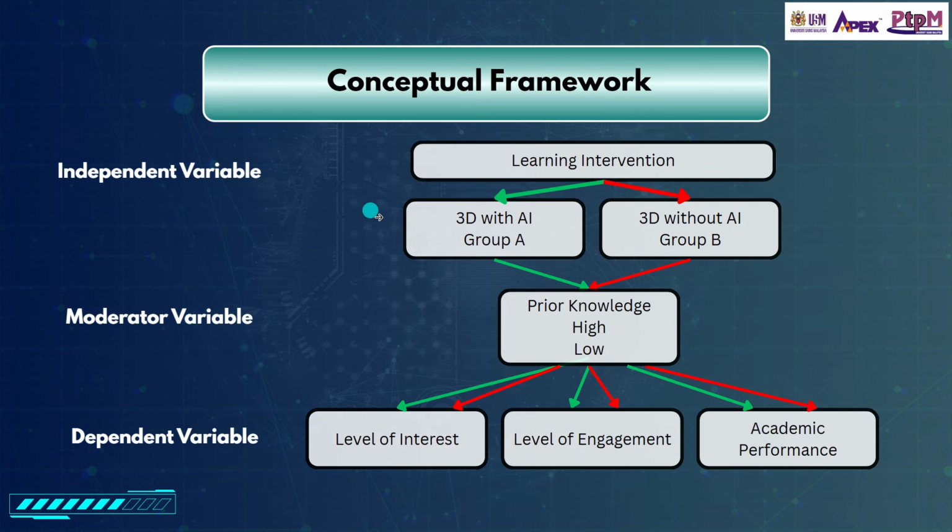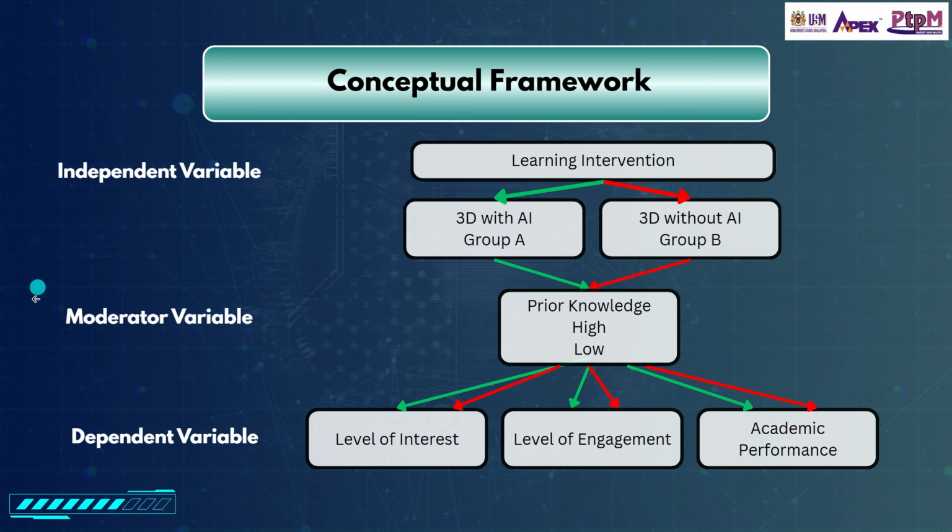However, the moderator variable in certain cases of study can act as the second independent variable. This is mentioned by Laerd Statistics 2025 and Creswell 2018, where in certain cases the moderator variable can act as a second independent variable.